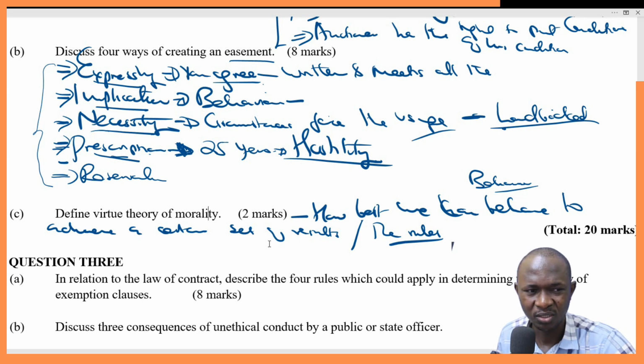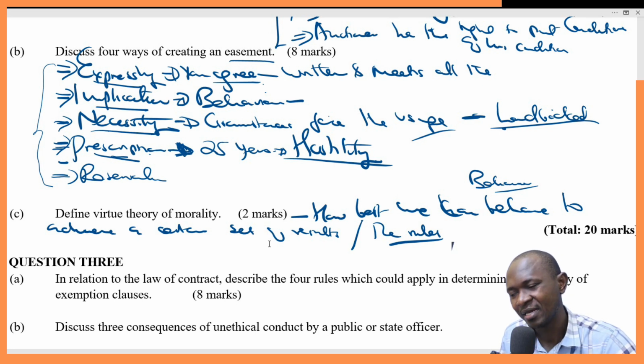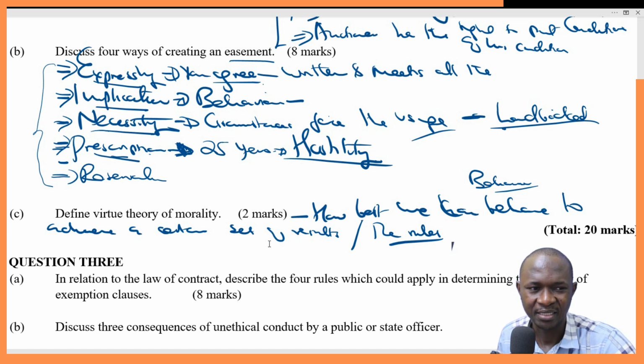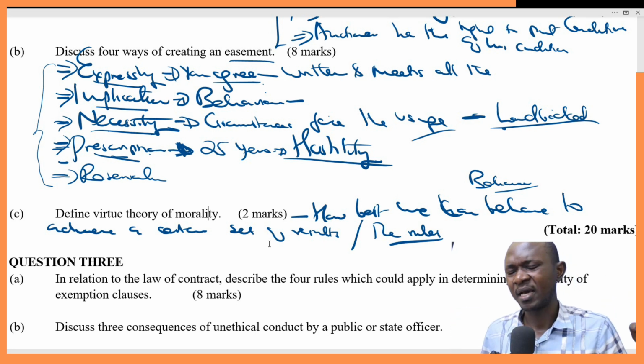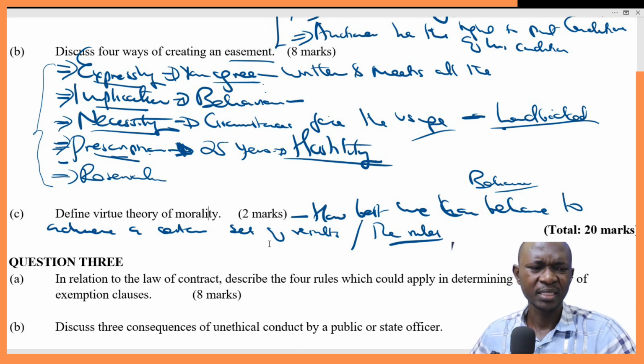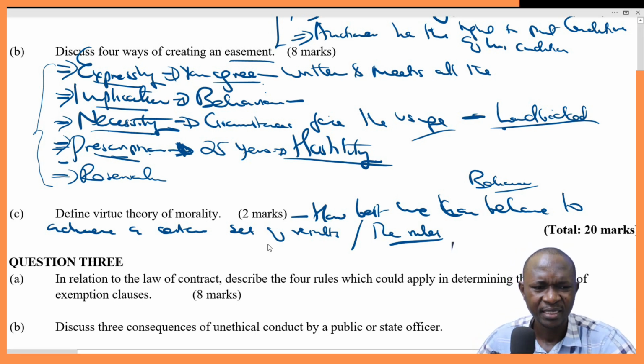It figures out the kind of behavior that we are supposed to depict, so as to get the best of ourselves. We are talking about things like humility, honesty, patience. Those are some of the virtues that we have.